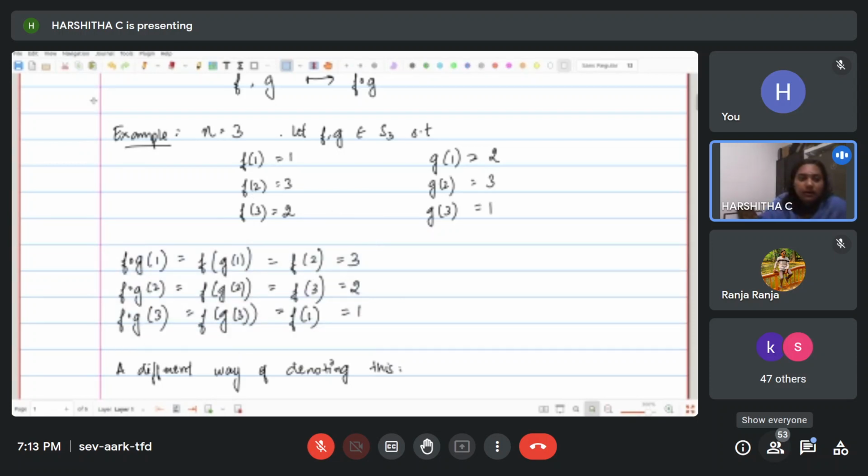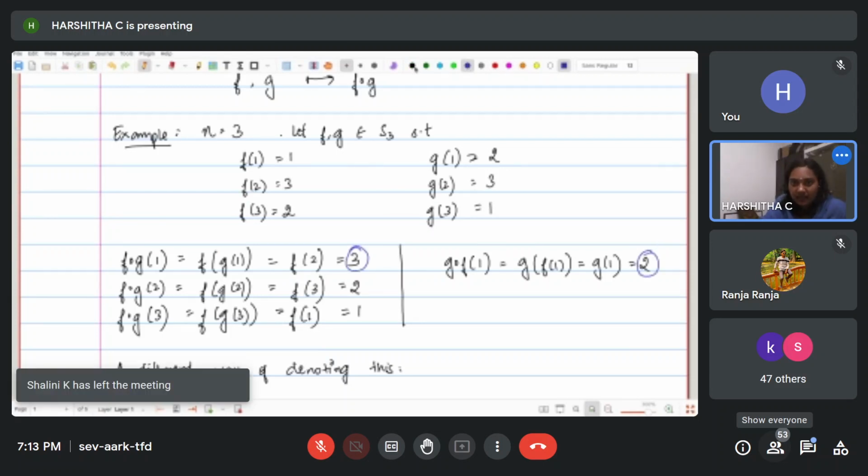Let's try to compute G composite F. What is G composite F at 1? It is G of F of 1, which is G of 1 because F of 1 is 1, and G of 1 is 2. So right here we have two different answers, right? Here we got 3, here we got 2.